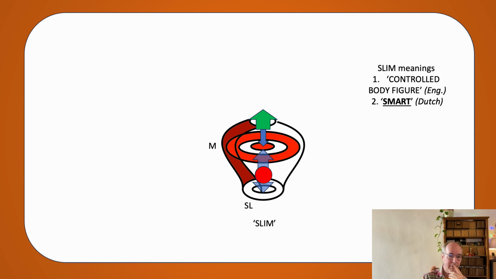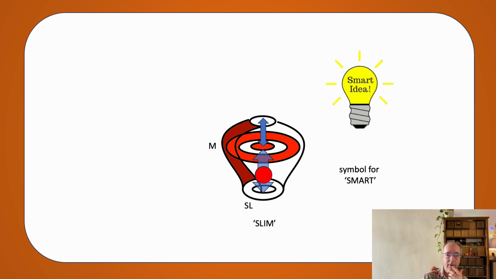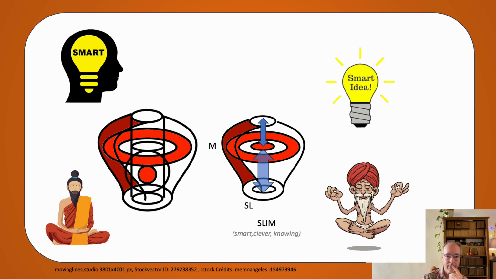If we look up the word SLIM of the Dutch version, I could not find any images. Strangely enough, it's not used with an image. It's hardly used. But I could find associations with smart. And the word smart mostly is associated with this bulb. That was a symbol for smart.